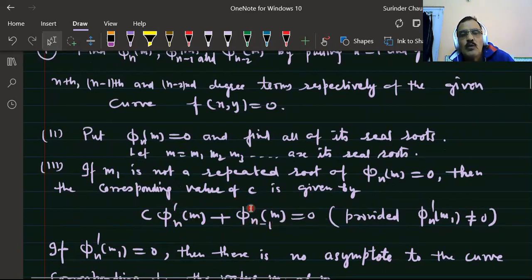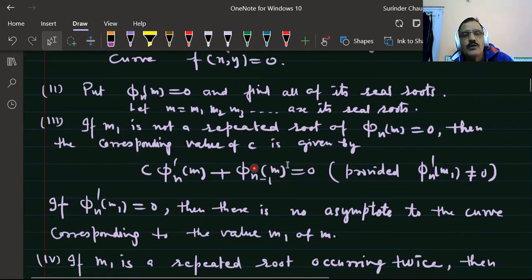This equation will give the value of c, provided this is not a repeated root. If m1 is not a repeated root of phi n of m, then phi n dash of m1 is not equal to 0, because we know that the common root of phi n of m and phi n dash of m will be the repeated root of phi n of m. So it's not a repeated root, therefore this will not be 0, and this equation will give the value of c.